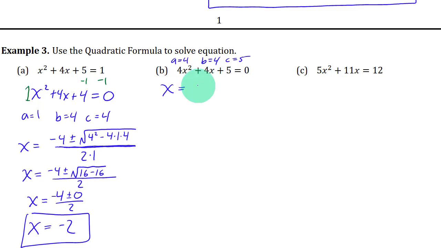We're going to have negative B, negative 4, plus or minus the square root of B squared minus 4 times A times C. That's 4. B squared minus 4AC is 4 squared minus 4 times 4 times 5. Lots of 4's here. And then in the denominator, we're going to have 2A, which is 2 times 4, or 8.